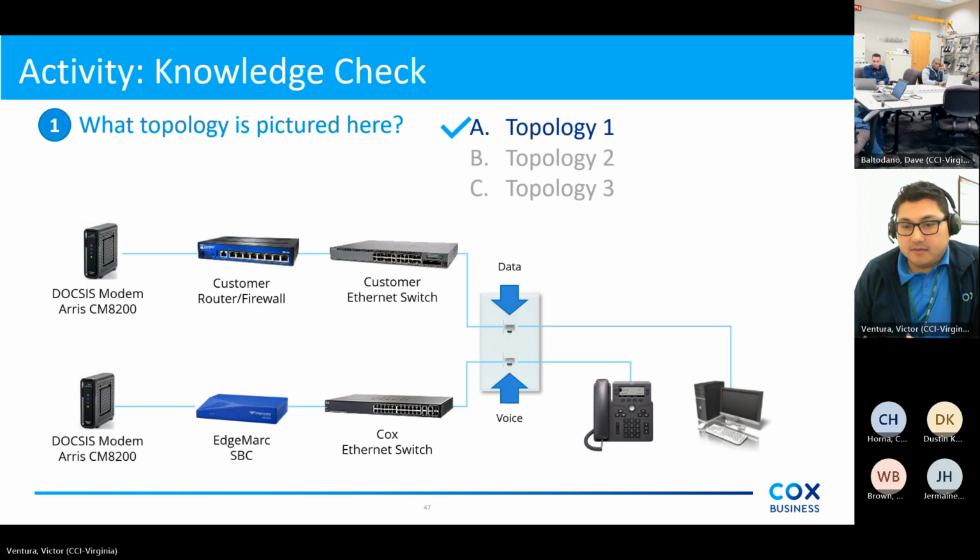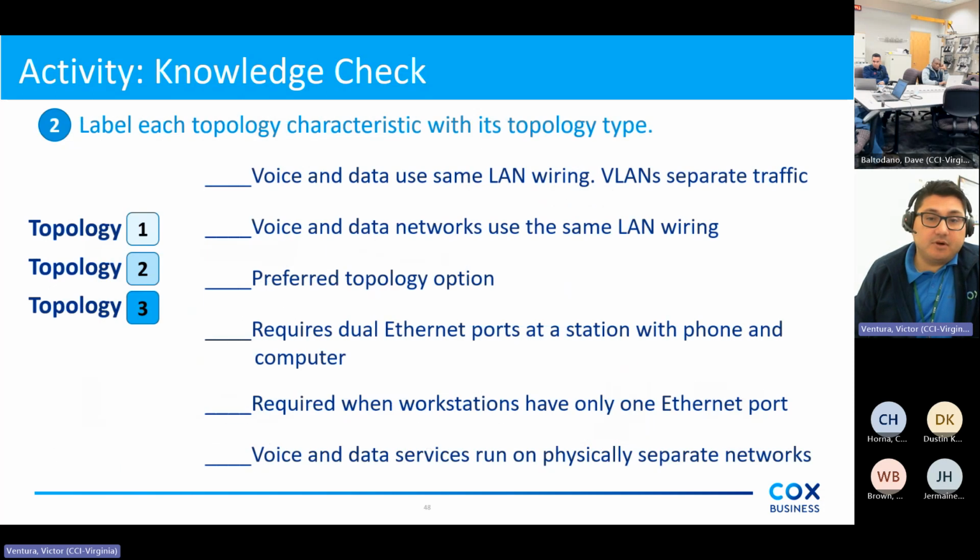Okay. Next, we're going to do a review on the different topologies. So we're going to call out our characteristics, and let me know if it's topology 1, topology 2, or topology 3.